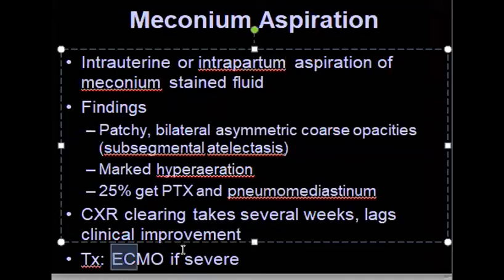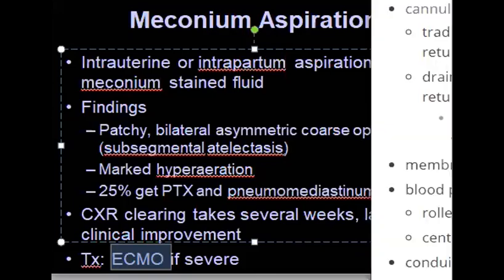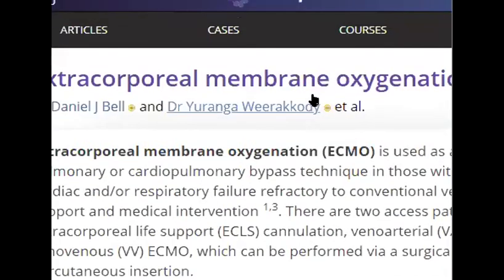Something called ECMO is used in the treatment if severe. What is the ECMO? Do you know anything about it? Extracorporeal membrane oxygenation. Perfect. So this is what is called extracorporeal membrane oxygenation.